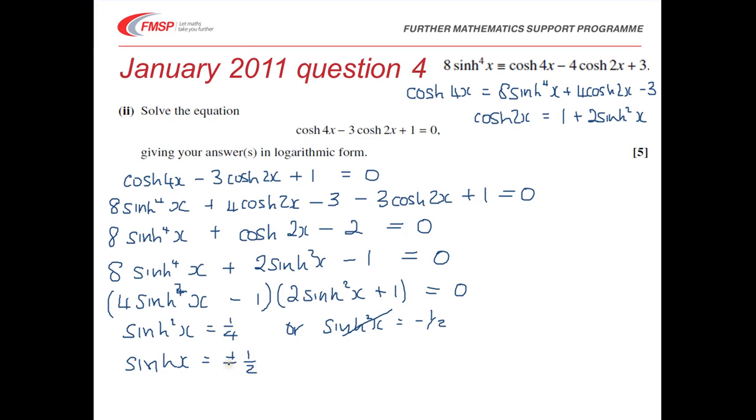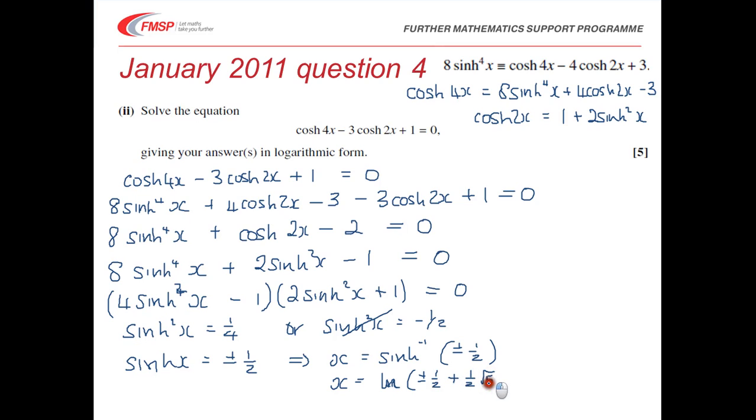Now again, just as we did in the previous question, we need to go to our formula books to find the inverse, because of course we're now going to say that x is equal to the inverse sinh of plus or minus a half. And that means that x is equal to the ln of plus or minus a half plus a half root 5.